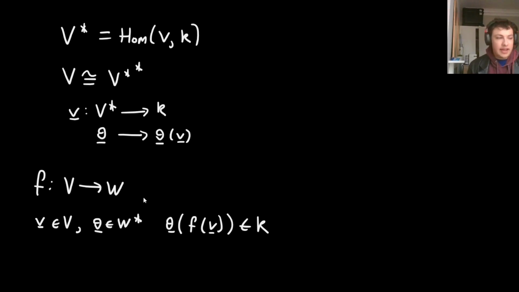So we could say f goes from V to W, or we could say that f goes from V cross W star into K.